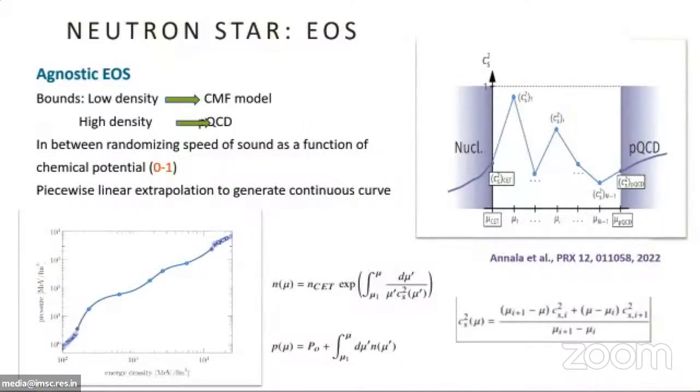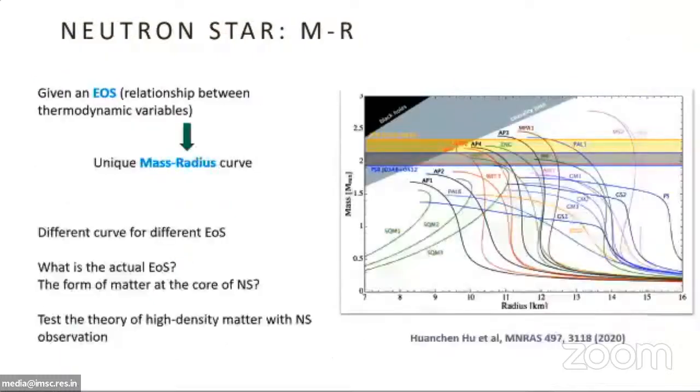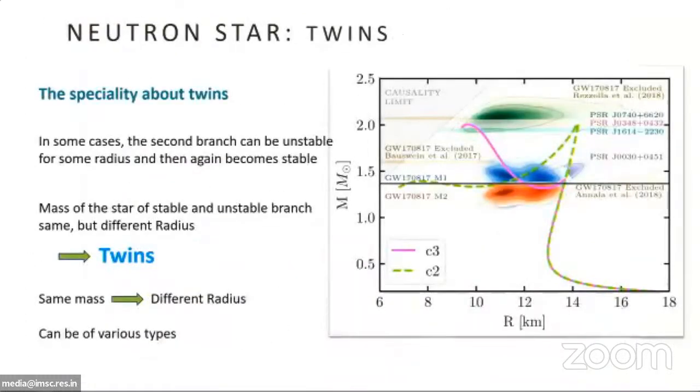No, here there is no constraint. Here it is only the randomizing of the speed of sound. I can perform this a million times, so I will fill this space, right? Now I will put in the astrophysical constraints. What are the constraints that I'm using? This is the gravitational wave merger constraint, these are the two parts.